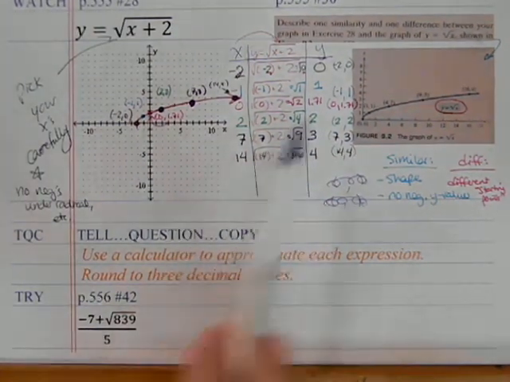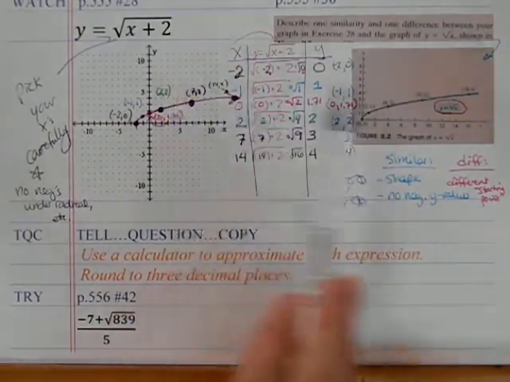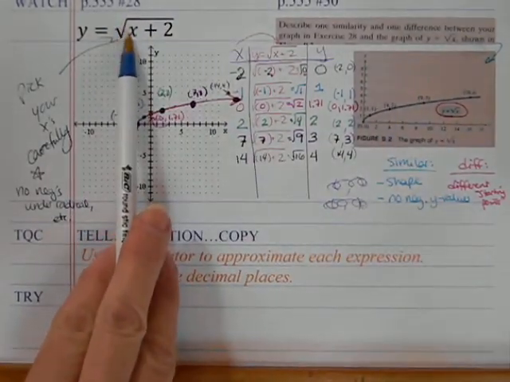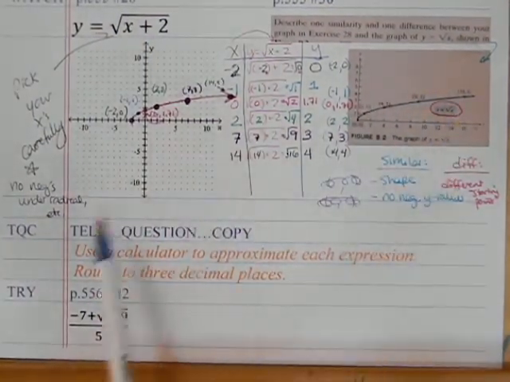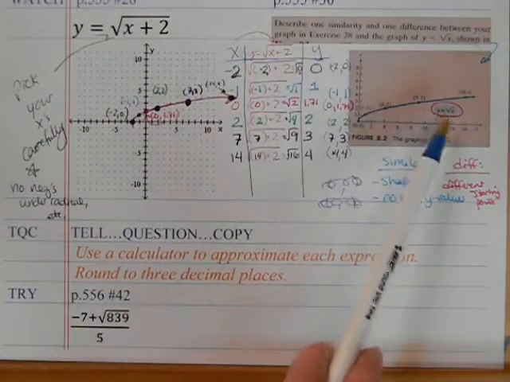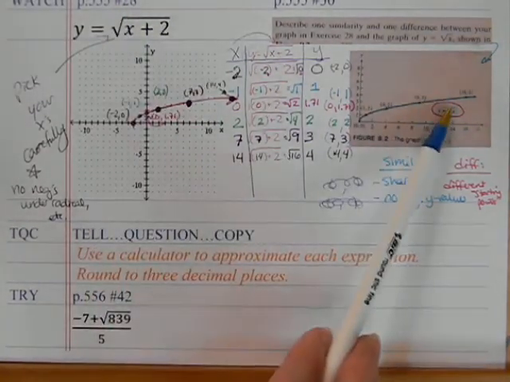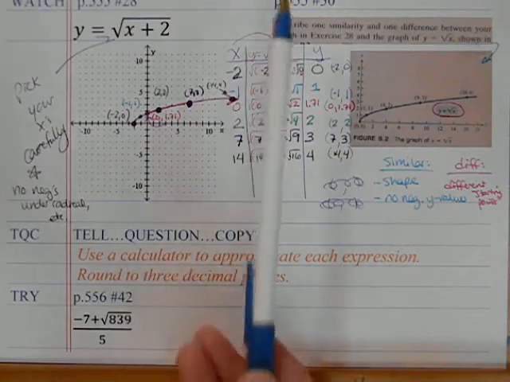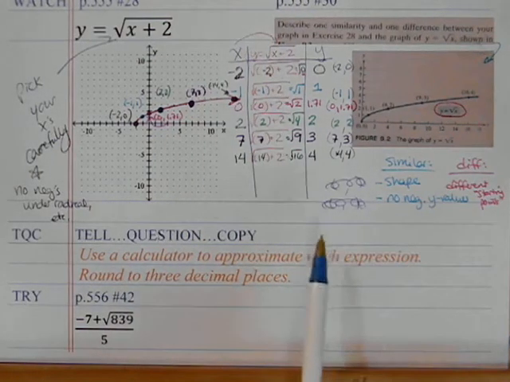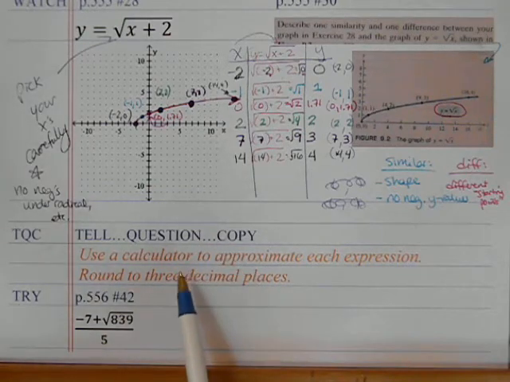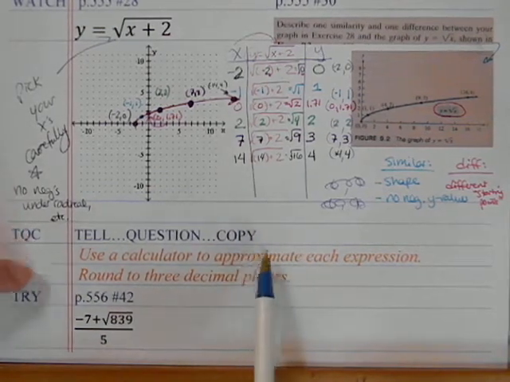So that's a good exercise, to compare the different graphs of the different equations we're looking at. Radical x plus 2 and radical x. Or square root, because there's no number indicated in the index, so it's understood to be the square root, or an index of 2. So take a moment and talk through what you've seen here, tell somebody, get your notes copied, bring your questions to class, and then I'd like you to try this one.